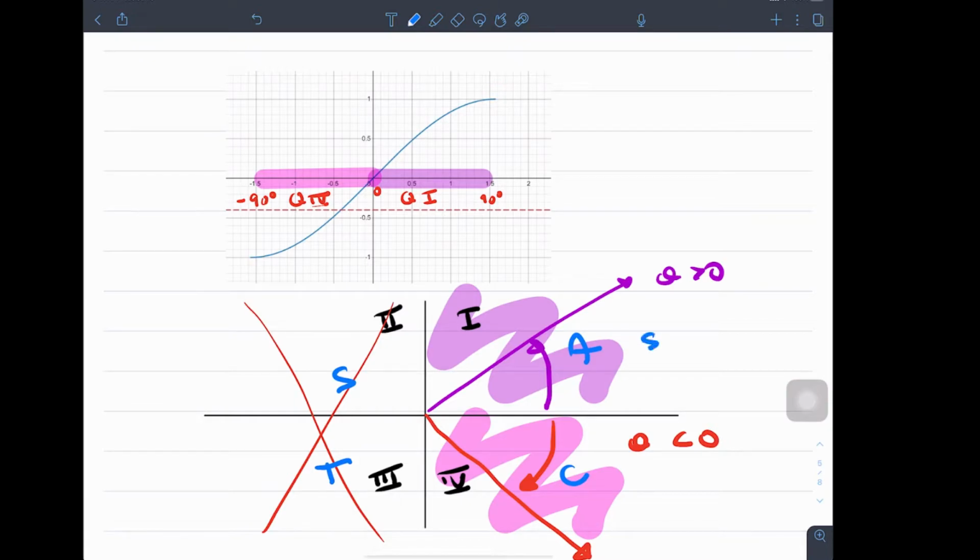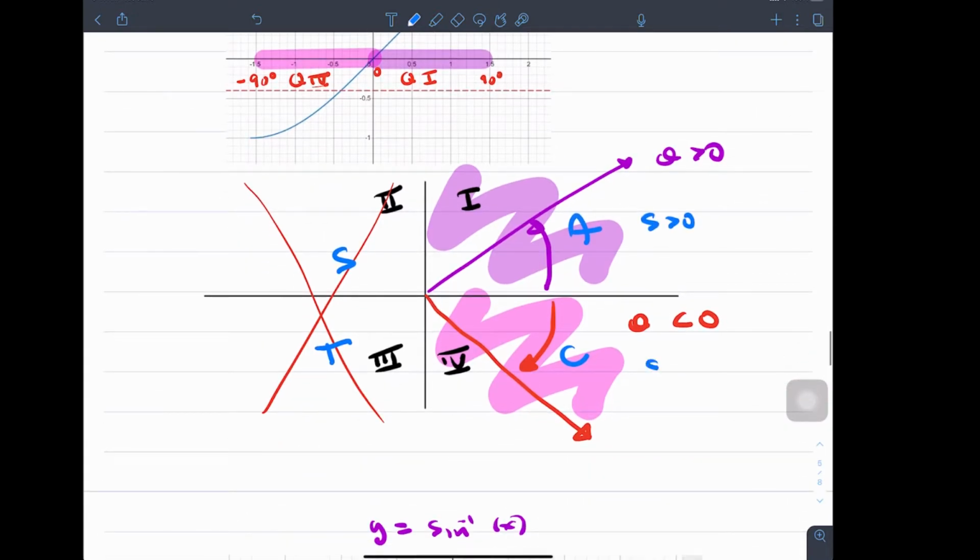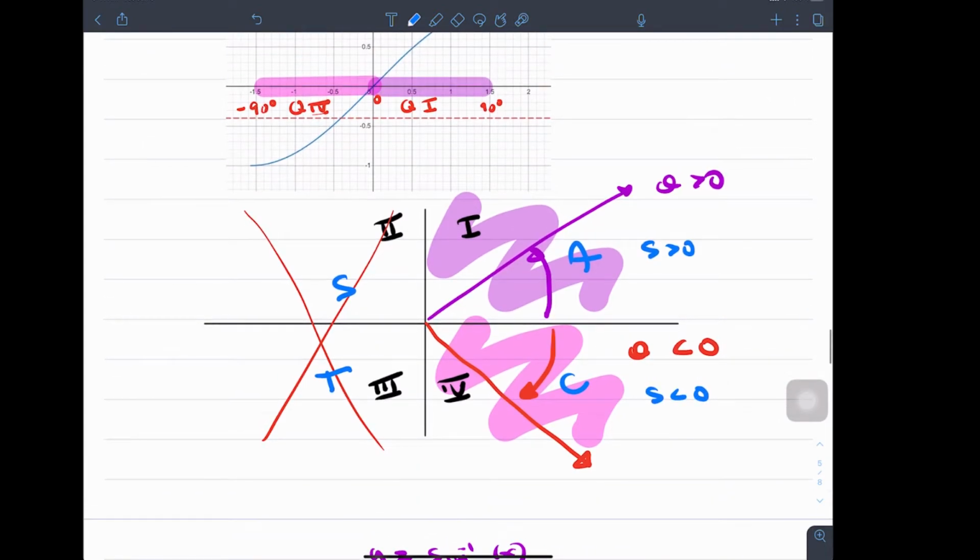What that means here is sine is positive, and here sine is negative. So the negative angles are going to be associated with the inverse sine function, is what I'm saying. When you use inverse sine, you have negative angles, because the positive angles don't work. Look at the domain of the restricted function. You can't go out to quadrants 2 or 3.